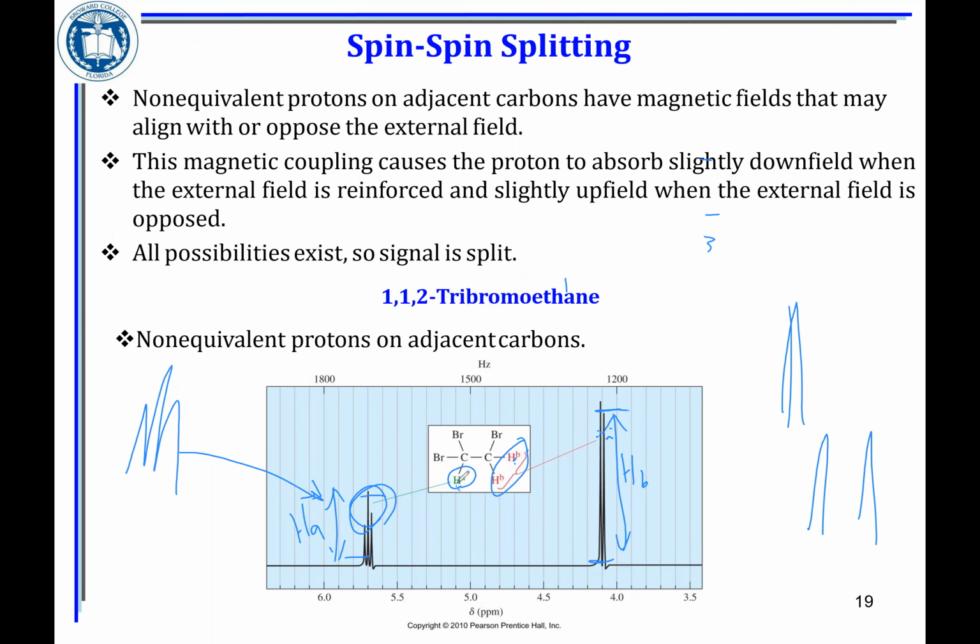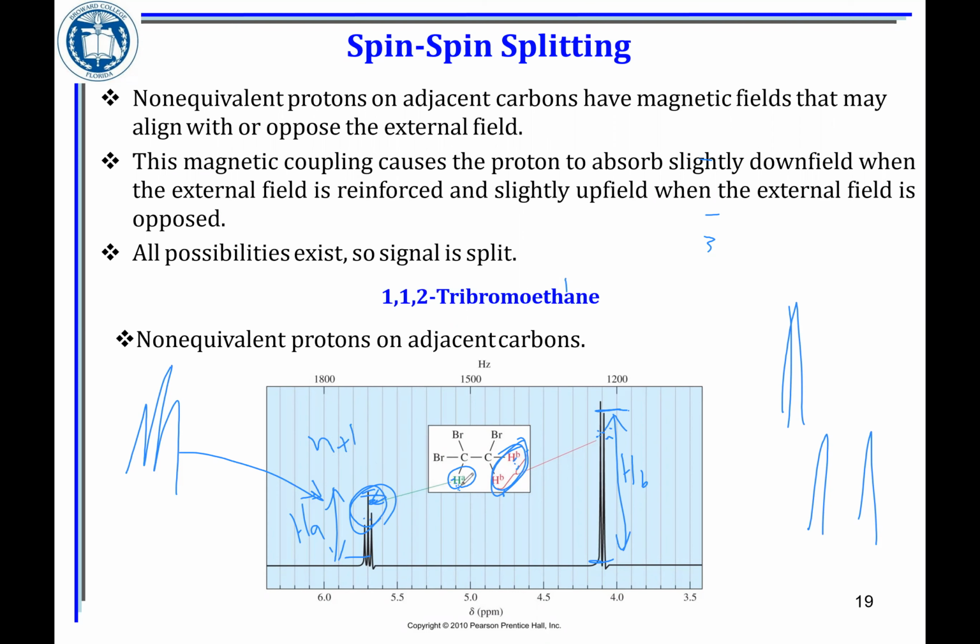Where is that pattern coming from? The rule is n plus 1. So if this is a triplet for hydrogen A, that means on the adjacent carbon, you had 2 hydrogen. And then 2 plus 1 is 3. So it's the n plus 1 rule.